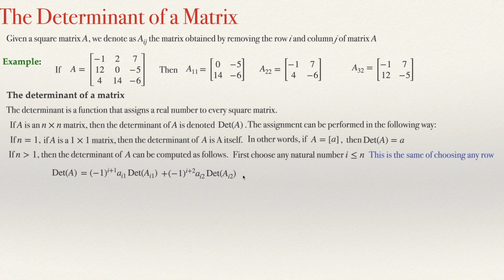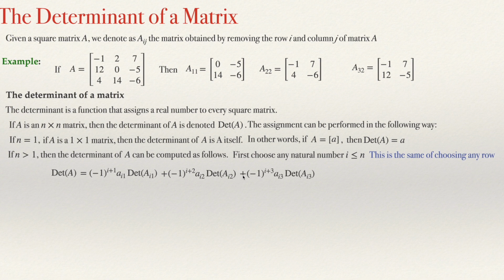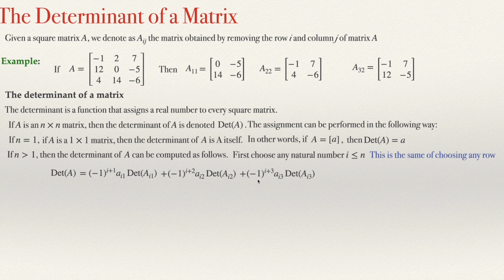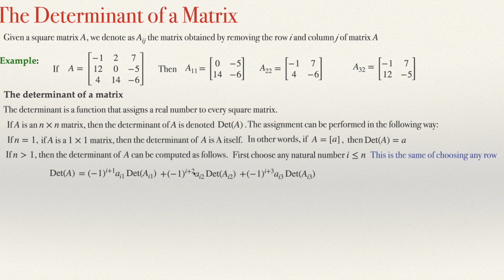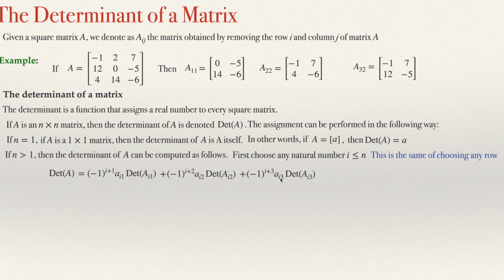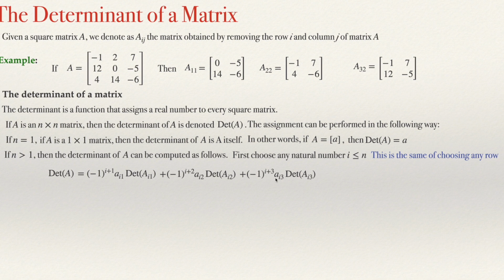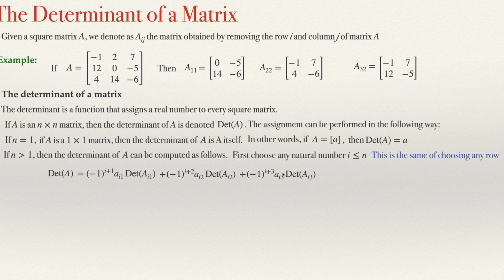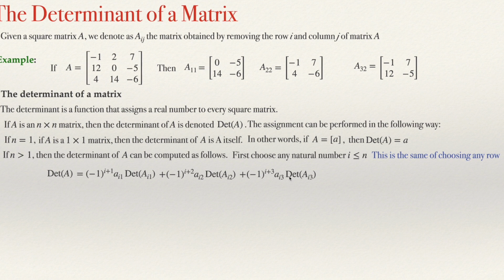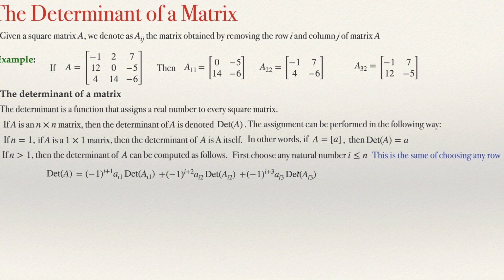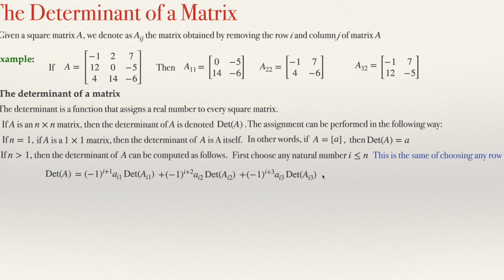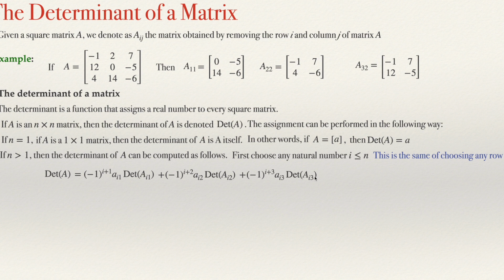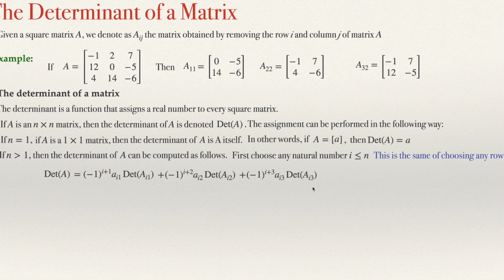And we continue, and we are going to add plus minus 1 to the power I plus 3. Now it's 3. And now we multiply by the third term of this row I, and multiply by the determinant of the matrix in which we have again eliminated the row I, but now the column 3.